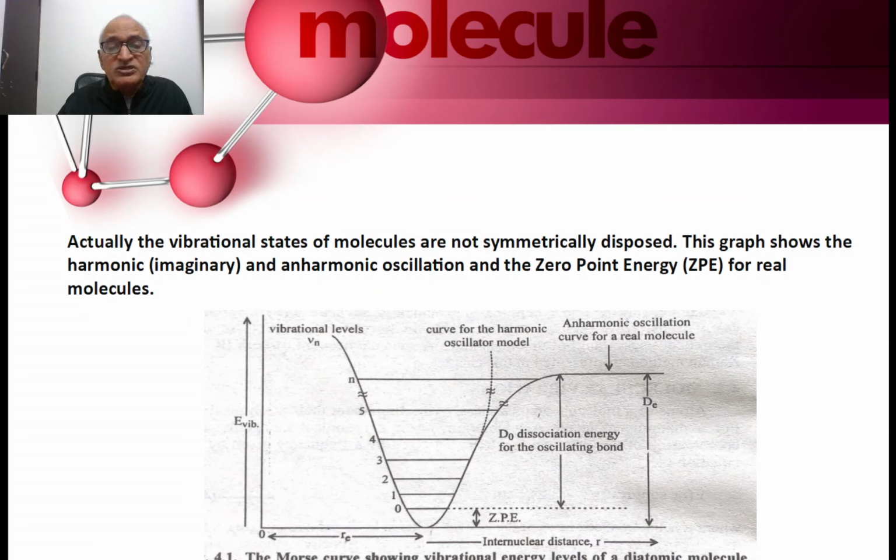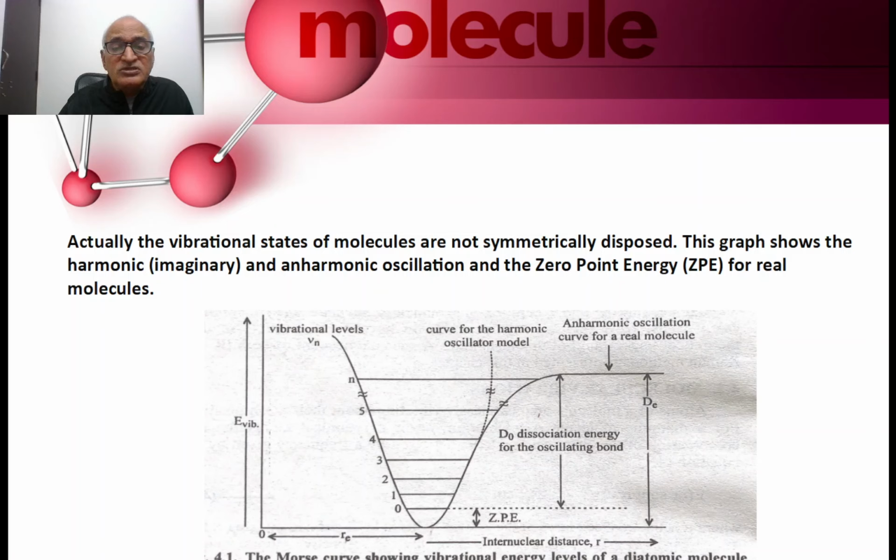A very significant point in this graph is that we earlier studied rotational spectroscopy. There I had narrated that if a molecule is lying in its zeroth rotational quantum state, then its rotational energy will be 0. But for vibration, even if a molecule is present in its lowermost quantum level, that is V equal to 0, its energy is not 0.